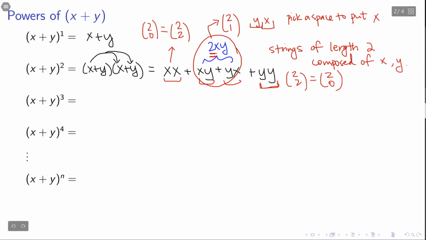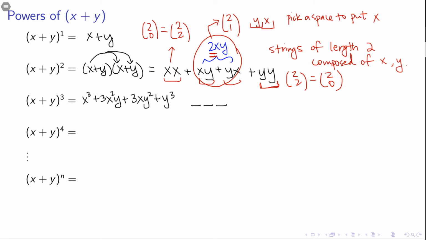And in fact, if you continue and look at the cube of x plus y, you'll see the same pattern. Because now, well, first I'll write down what you probably remember. It's x cubed plus 3x squared y plus 3xy squared plus y cubed. Now the question is, we have 3 spaces, right?